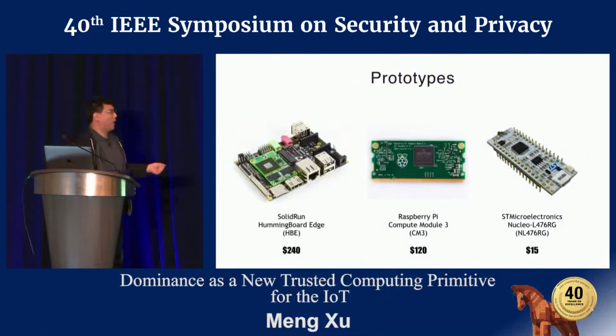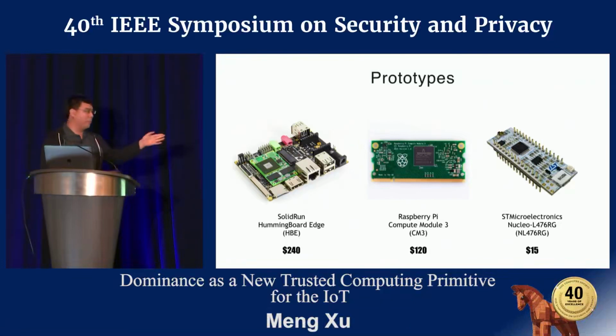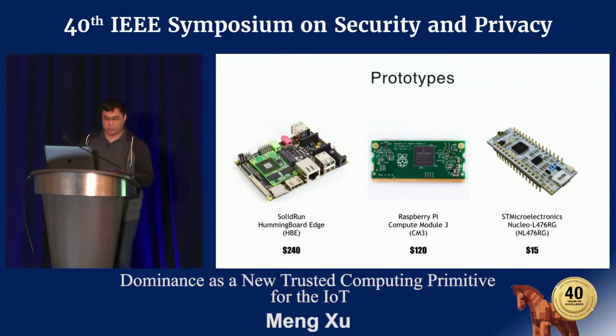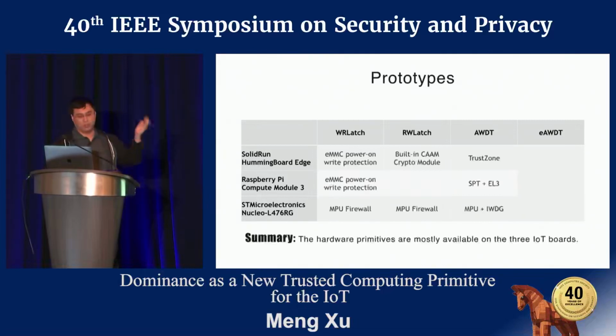And we prototyped CIDR on three boards: Solid Run, Raspberry Pi, and STM32, representing high, mid, and low-end boards based on price. Basically, how we prototype it is we read through their manuals and find out which things provide the latches or the authentication primitives we can use to construct the latch or the watchdog timer.